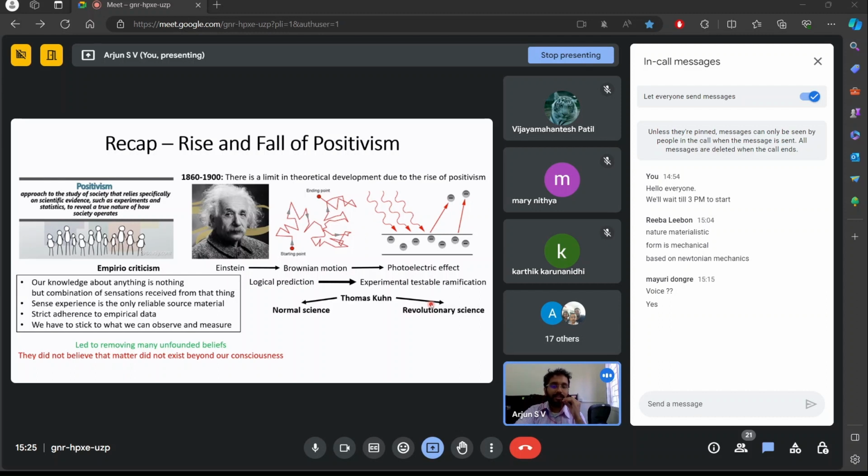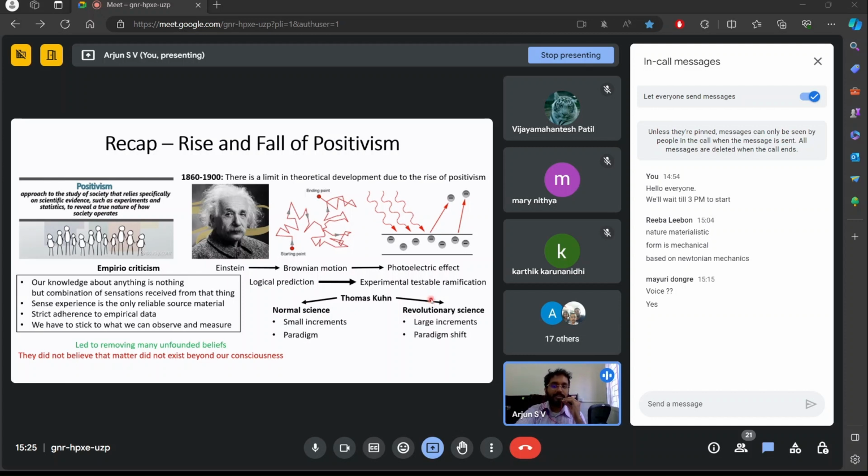And following that, another popular historian called Thomas Kuhn, I don't know if I'm pronouncing it correctly, it's Kuhn, came up with two major divisions of science: normal science and revolutionary science. In normal science, scientists majorly focus on small increments to existing knowledge, whereas in revolutionary science, people think out of the box. When certain questions start saturating the community, they sometimes think out of the box to bring a major increment to science.